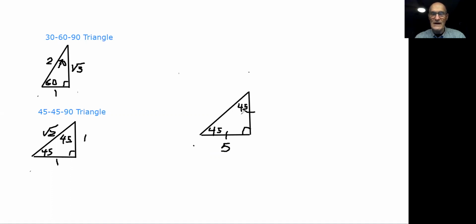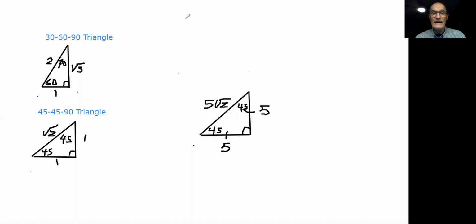And of course, the two sides are always the same in a 45, 45, 90 triangle. And then remember, the standard says when I go from the side to the hypotenuse, I multiply by the square root of 2. So this would be 5 square root of 2. Okay?